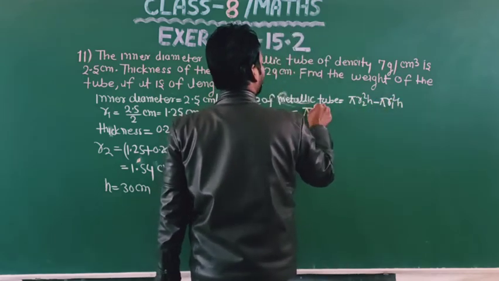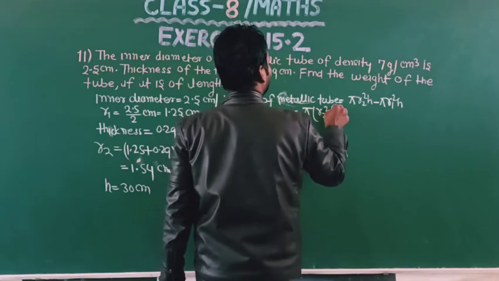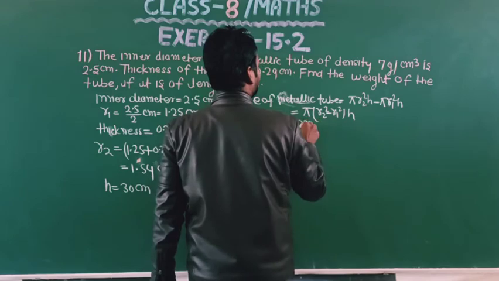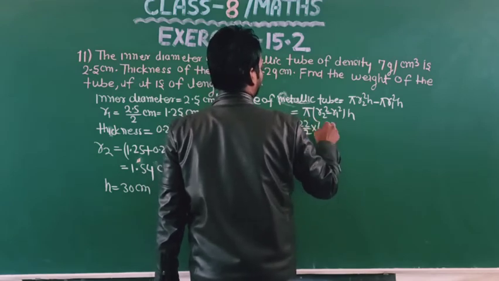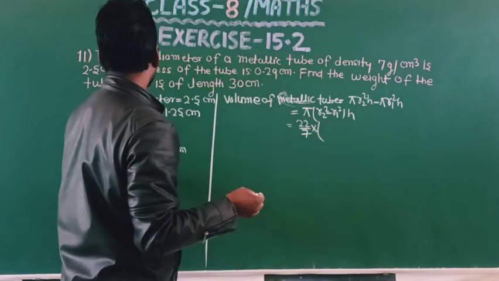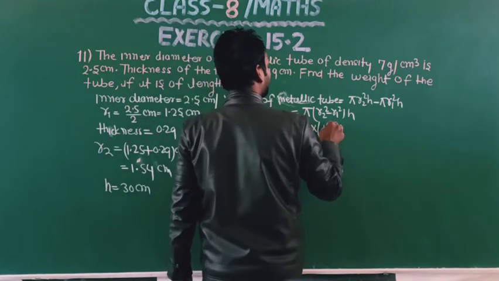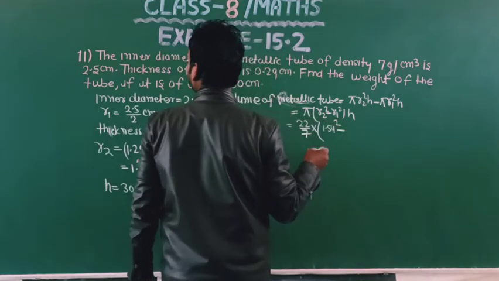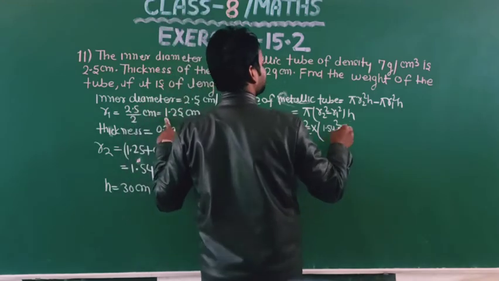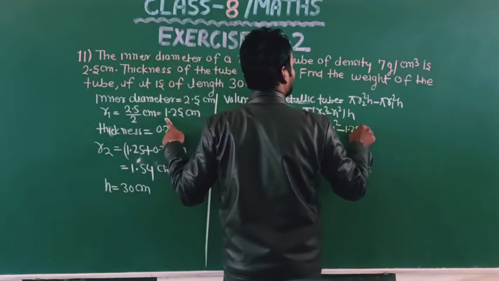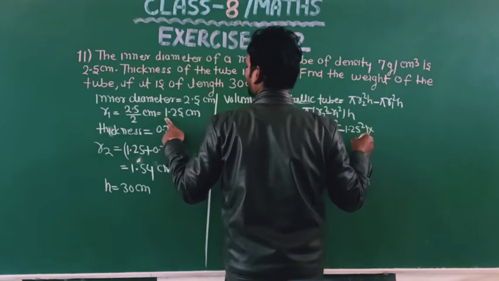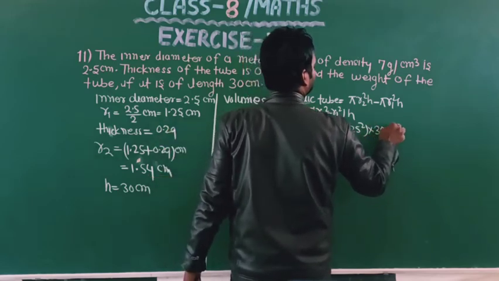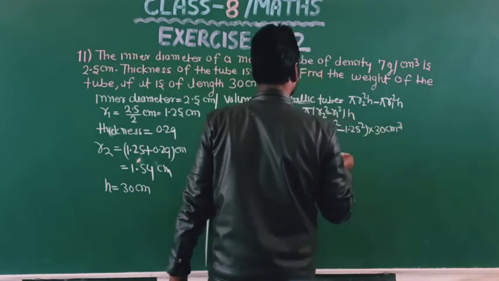So pi is common, this is r2 square minus r1 square, h. Value of pi is 22/7 and r2 radius is 1.54 square minus r1 is 1.25 square, h is 30. This is centimeter cube.